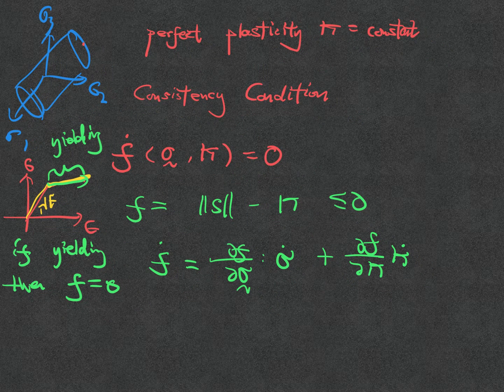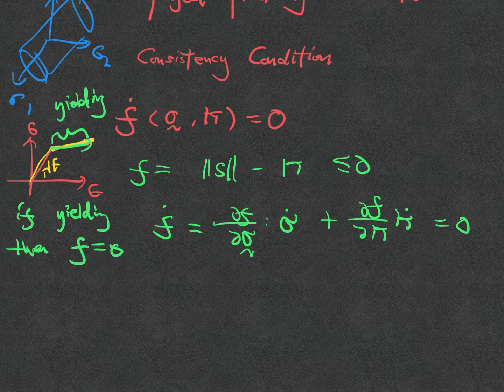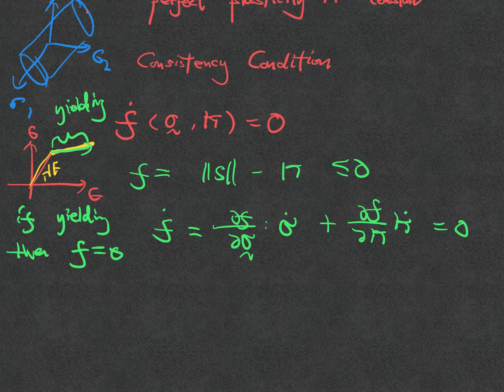Okay, so if the material is consistent, this change is equal to 0. Okay, does that make sense? If I continue loading and mathematically write the equations correctly, then F dot has to be equal to 0.